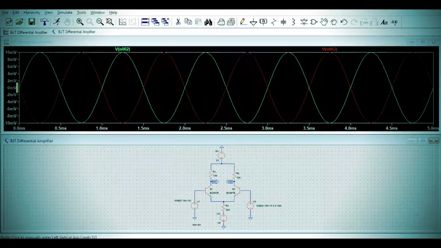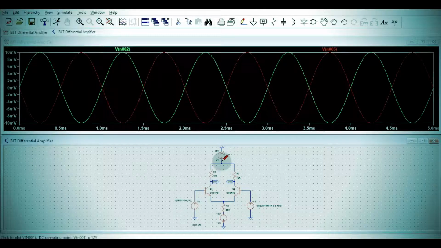The amplitude for both V1 and V3 is 10 millivolt, and the frequency is also the same, 1 kilohertz, but the only difference is when V1 goes high, V3 goes low. So the phase angle is 180 degrees out of phase. This is the signal for V1, and this is the signal for V3.